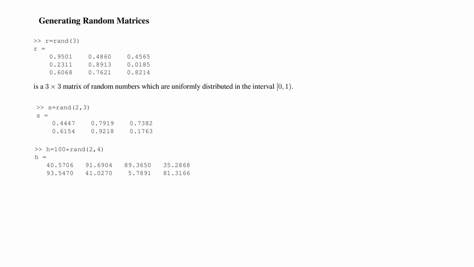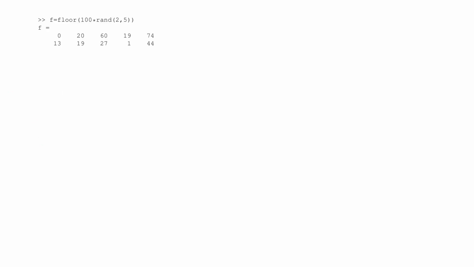If we wanted integers in the matrix, we can generate a 2 by 5 matrix with numbers in the interval 0, 1, then scale them up by 100, and then take the floor, and that'll give us integers. There's another way of doing this, which I'll talk about just now. We can translate as well.